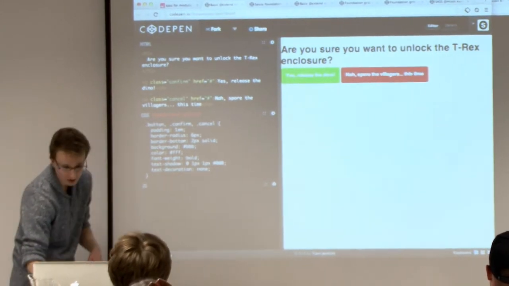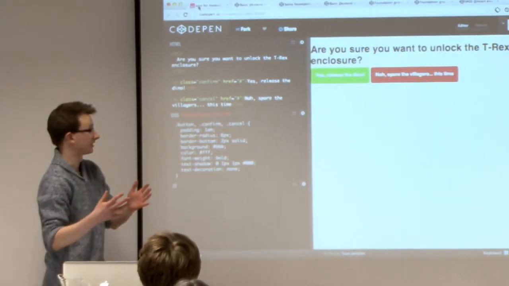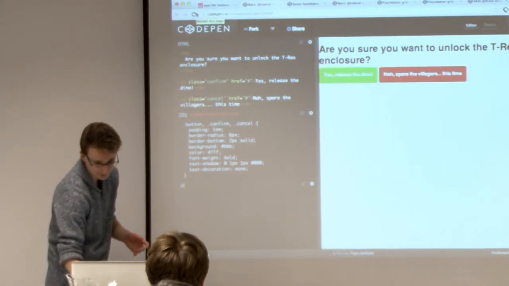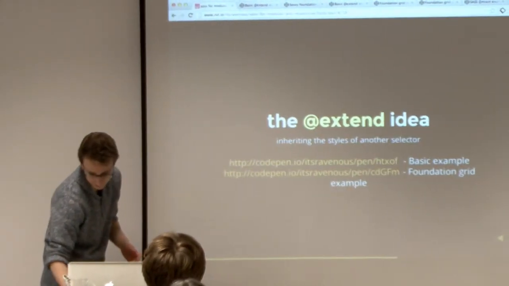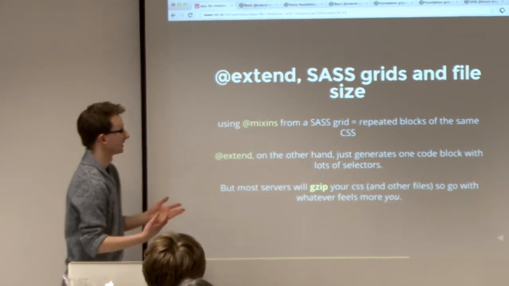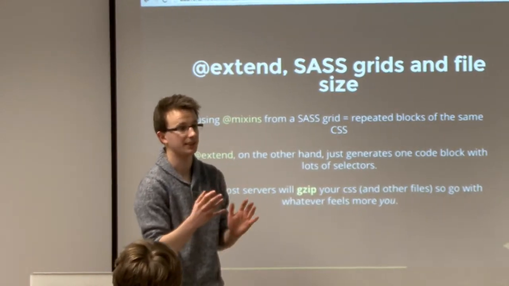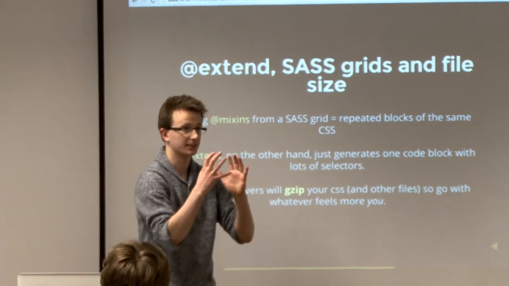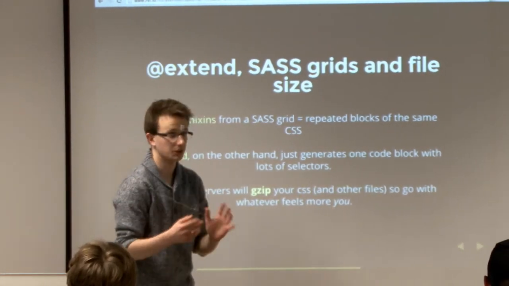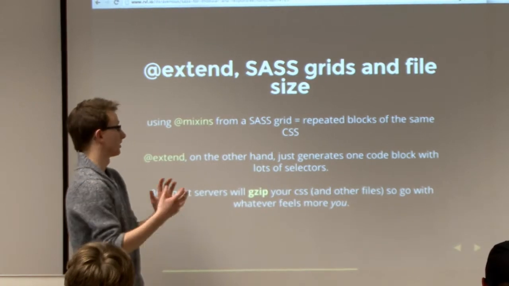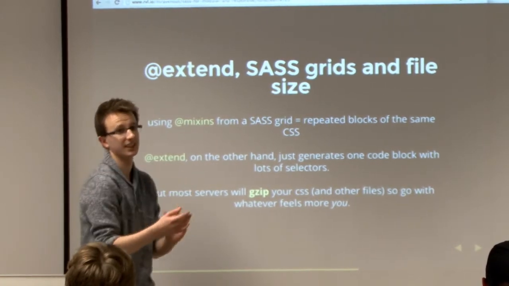The thing I was going to say about extend versus using a grid library with Sass is about file size. So when you use a mixin, it spits out all the styles generated by the mixin into that selector where you've used the mixin. So you will end up with grid libraries having a lot of repeated blocks of the same CSS.